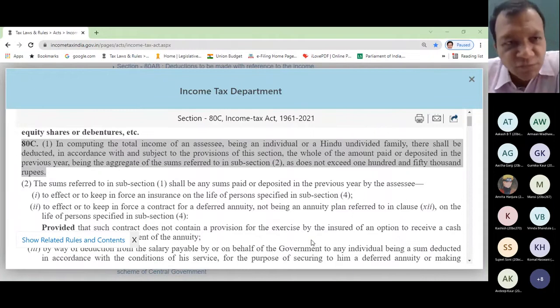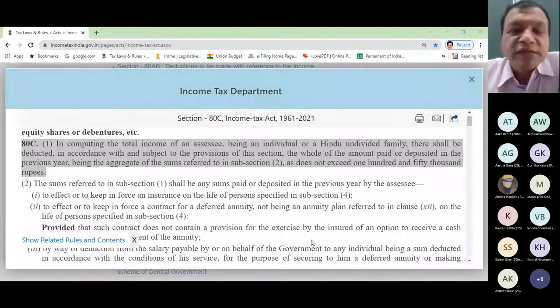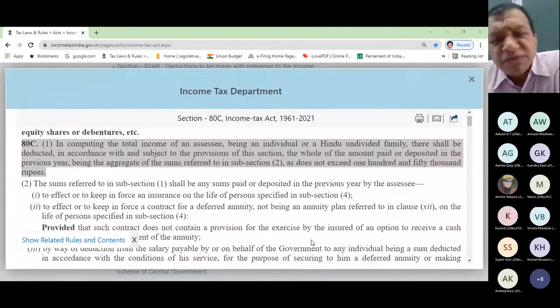Now, any other explanation of this point? Other points are also there. This is applicable for individuals and HUFs. Yes, only individuals and HUF can ask about this deduction. Company, firm, these people cannot come. 80C is available only to an individual and HUF.